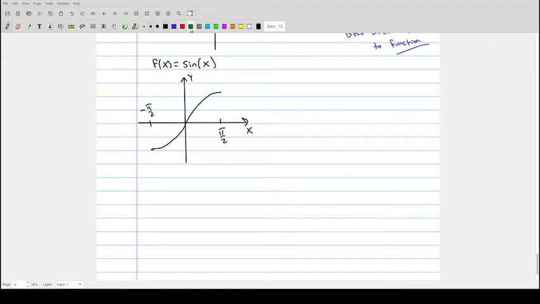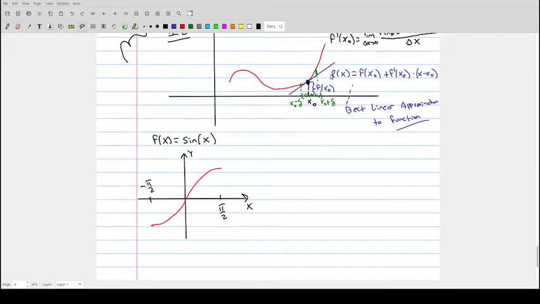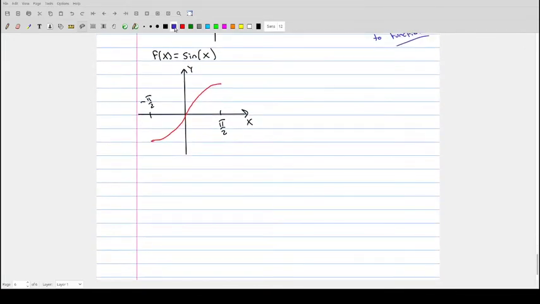And if you look at the tangent line to this function, which we'll do in blue, just like above, the tangent line to this function is this line right here at this given point, the slope of which is given by the derivative f prime, which is just cosine of x at the point 0.